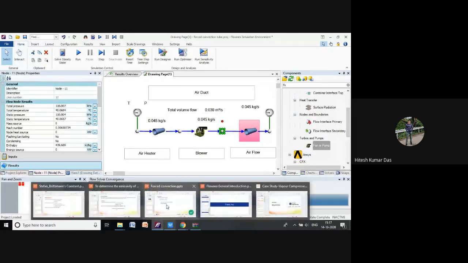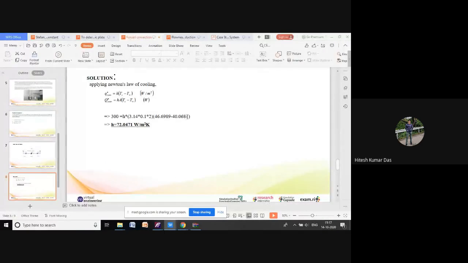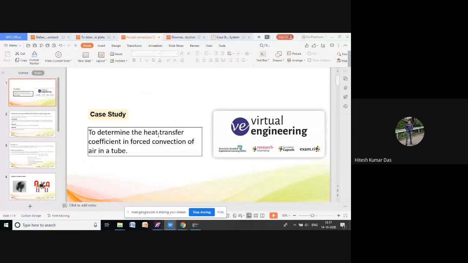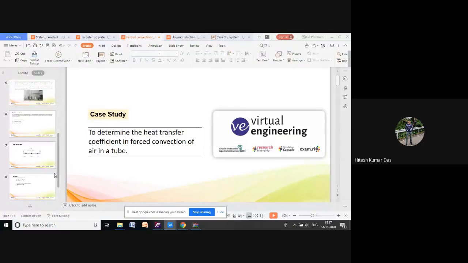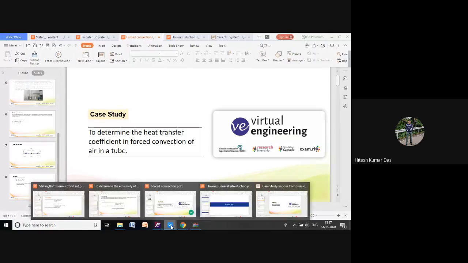So these 46 and 40 we have taken from that place only, and we have successfully calculated the heat transfer coefficient by Newton's law as 72.0471 watt per meter square Kelvin. So the objective of this case study is to calculate the heat transfer coefficient for forced convection, which we have calculated successfully.